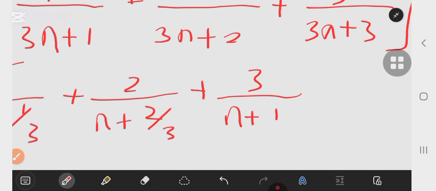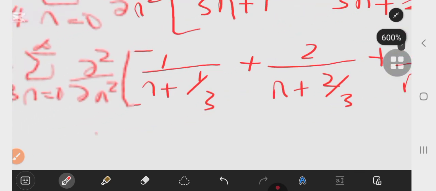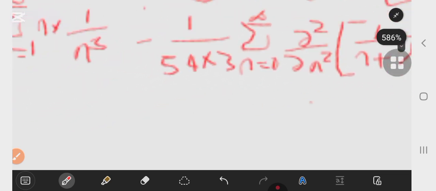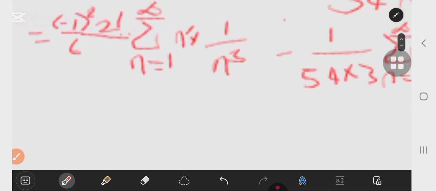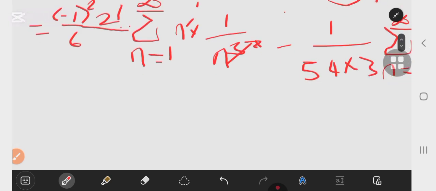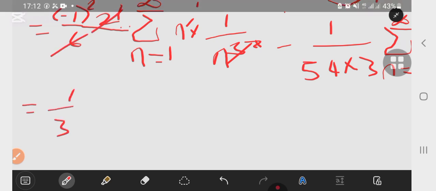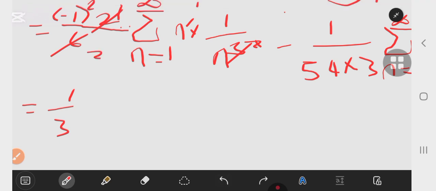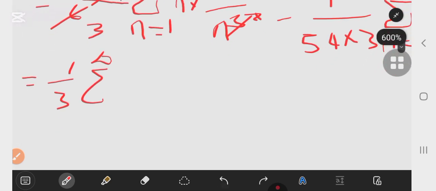Okay, so I can quickly apply the technique we've learned. So this part here is 1, and dividing it with this, I'll be left with 2 here. So I now have 1 over 3 from here all into the sum to infinity of n starting from 1 over n squared.